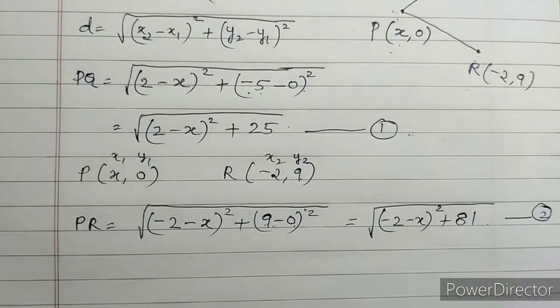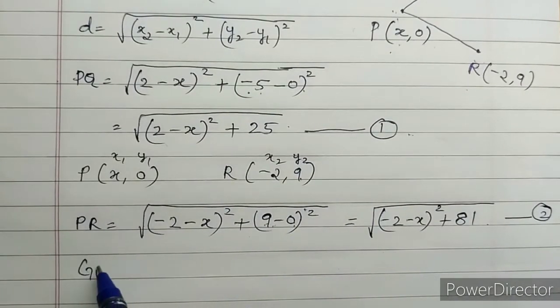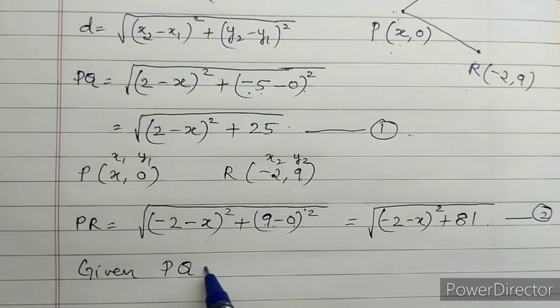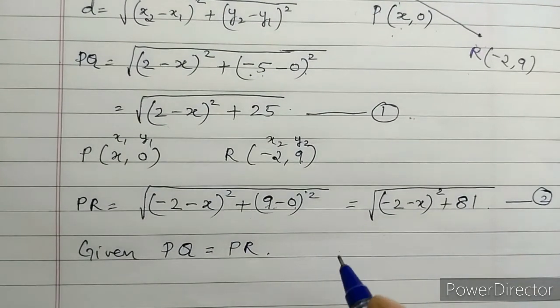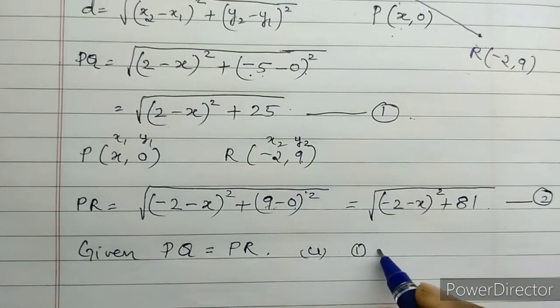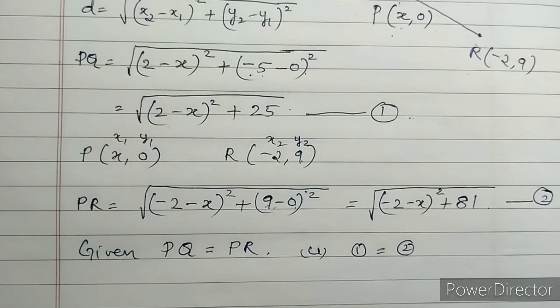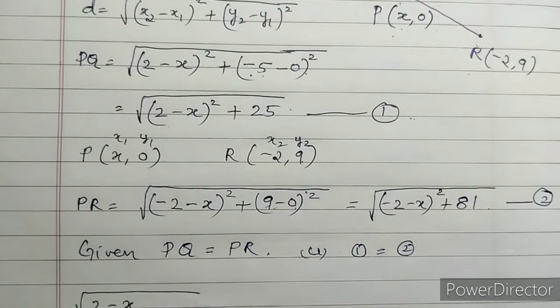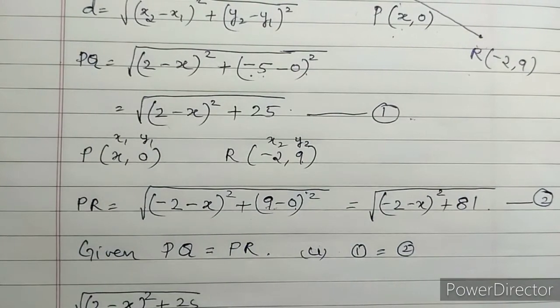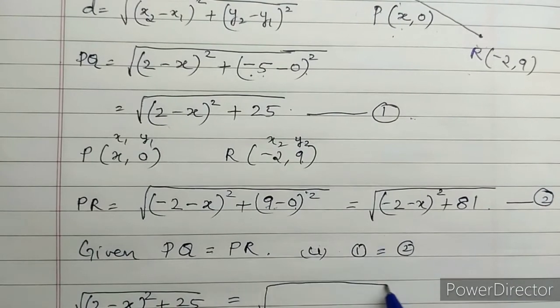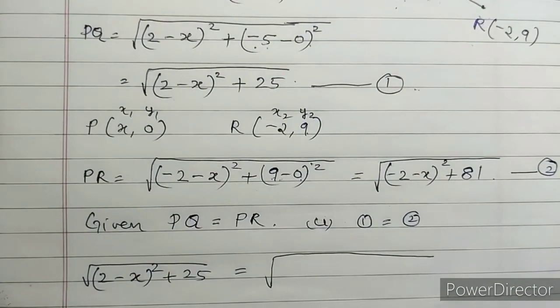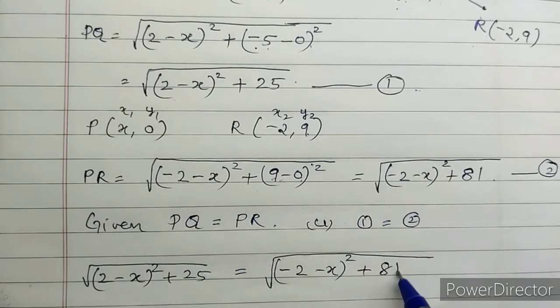What is given? Given PQ is equal to PR. So the first equation is equal to the second equation. First you write the square root of (2 minus x) the whole square plus 25 equals the square root of (-2 minus x) the whole square plus 81.